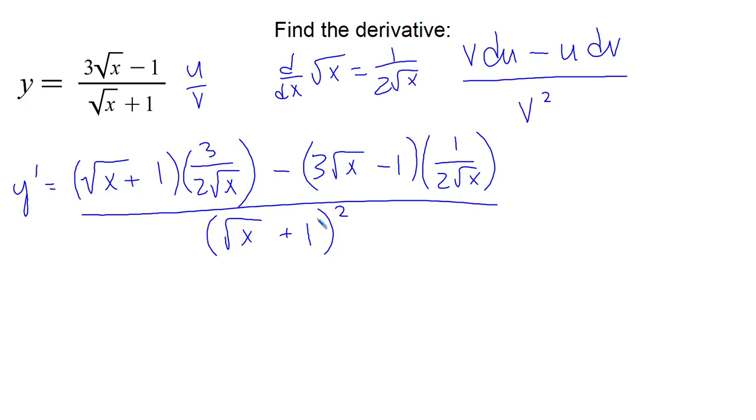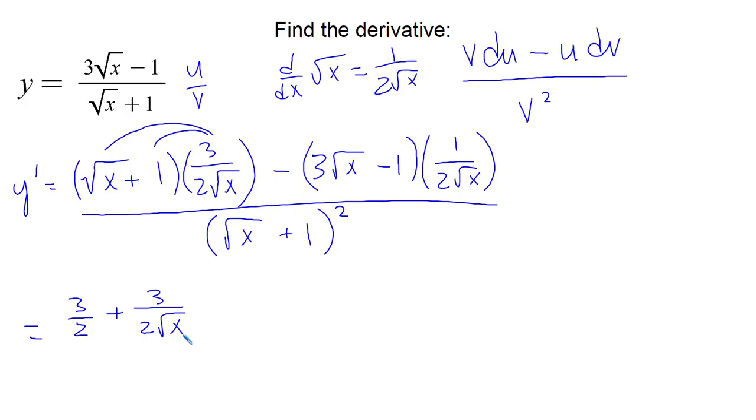Now we can just kind of simplify out that numerator. So 3 over 2 root x times root x. Well, the root x over the root x will just cancel, so that's just going to end up being 3 halves. And then we've got the 1 times the 3 over 2 root x. Well, that's just plus 3 over 2 root x.